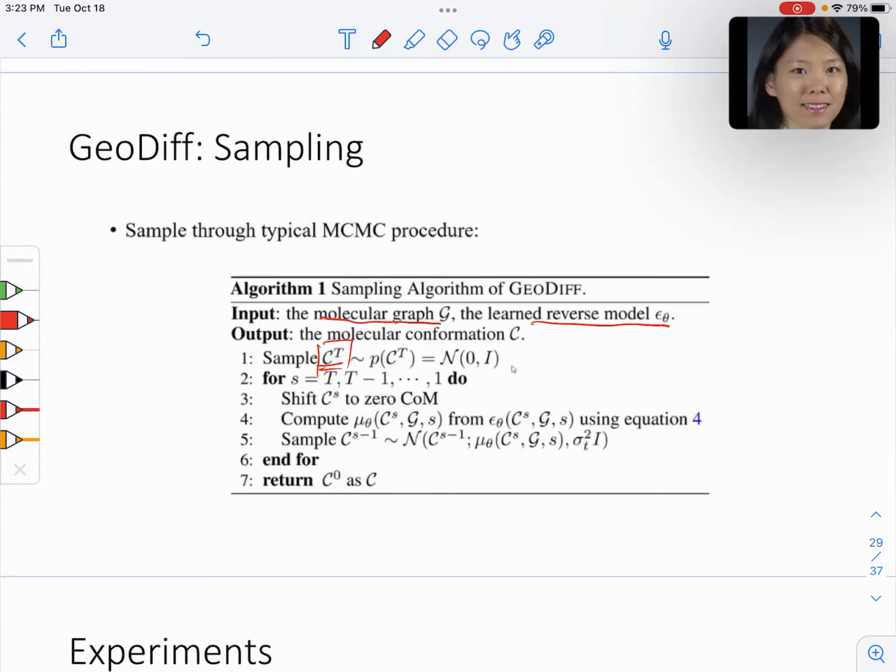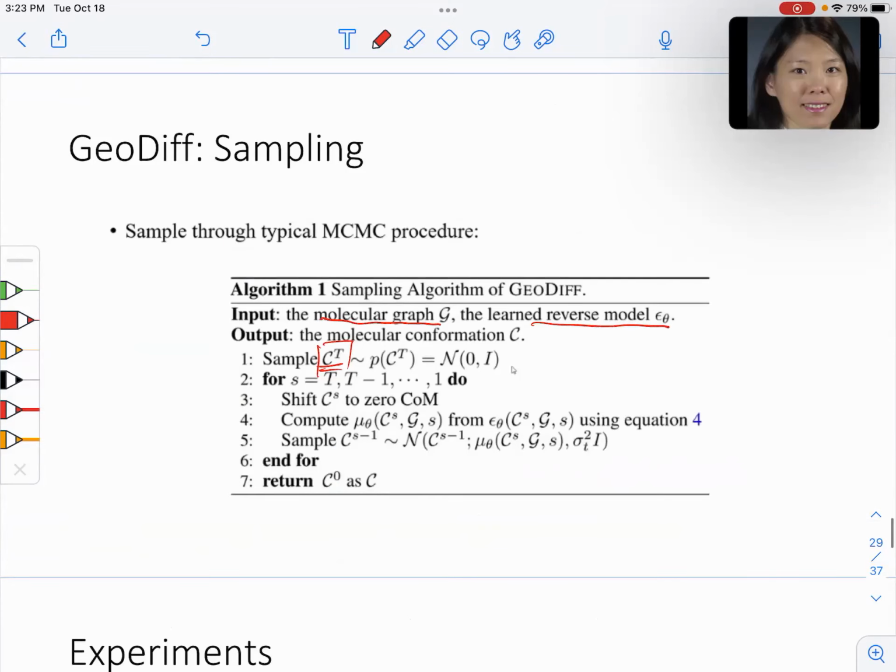And after that, we sample the previous recovered chaotic step C_{t-1} from the Gaussian distribution here, which is similar to that in the forward process, whereas the mu is computed by the equivariant graph neural network based on the previous C_t. So that's basically how, after training the model, we use it to do the conformation generation.